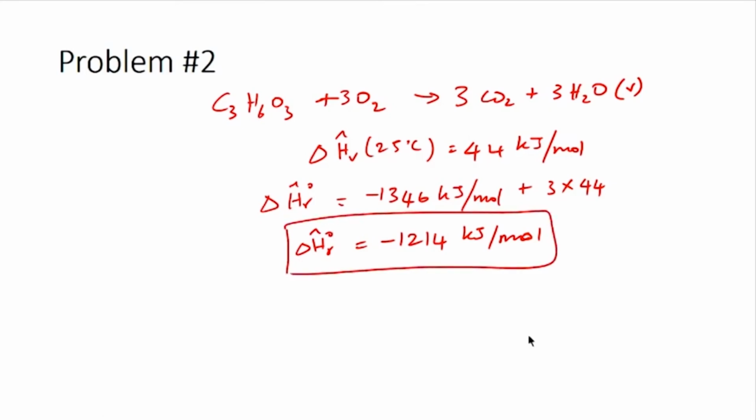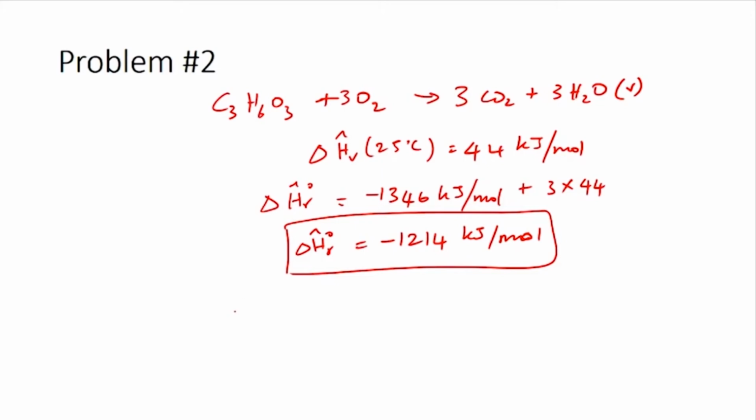To identify the total number of moles of lactic acid which has actually been combusted in the system, we have to use either the heat of combustion based on liquid water being formed or water vapor being formed, and let us assume one of them is the situation. In this case I have assumed that liquid water is being formed to calculate the total number of moles of lactic acid which is burnt in this process.